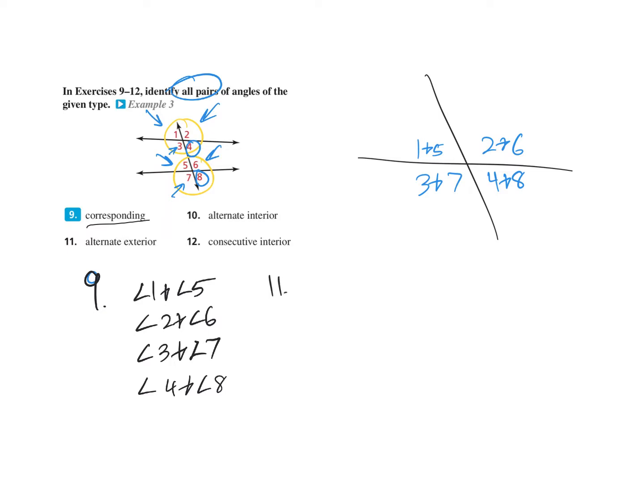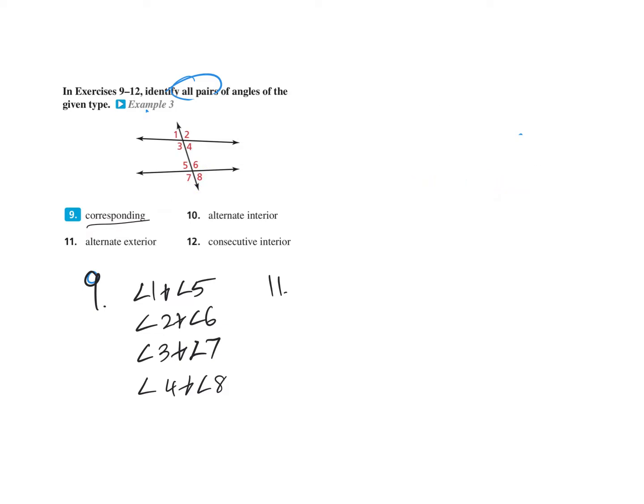Number 11, alternate exterior angles. So let me clean this up a little bit here. Alternate exterior angles. Exterior, so it's going to be on opposite sides of the transversal. And exterior meaning on the outside.